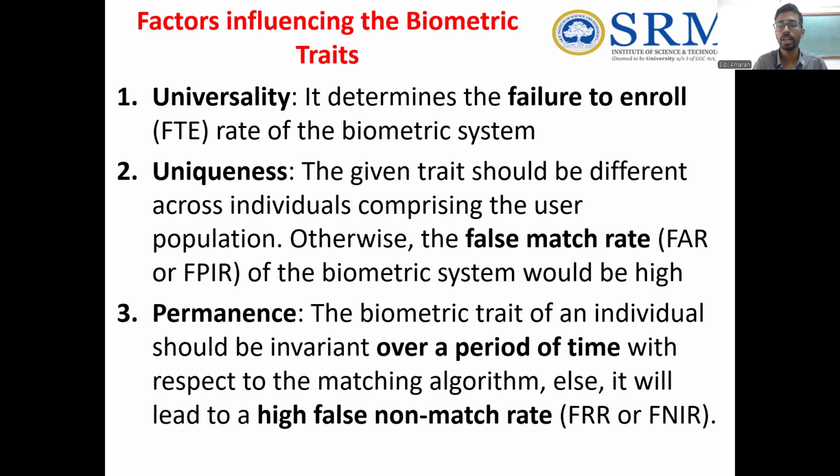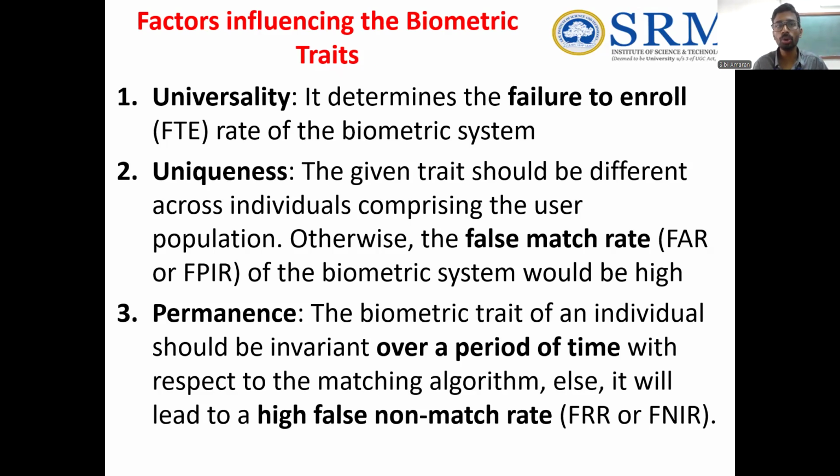Along with the factors, we can go deep into what a finger is and what a face is. So in this video, we discussed the various traits that are available and the functionalities available in biometrics. First, we have to enroll, and second, we use identification and verification. We have to know the concepts of 1:1 and 1:n.